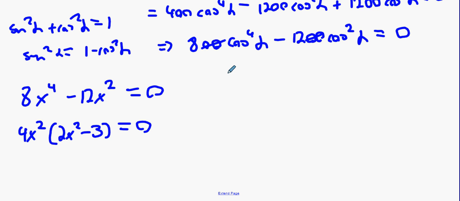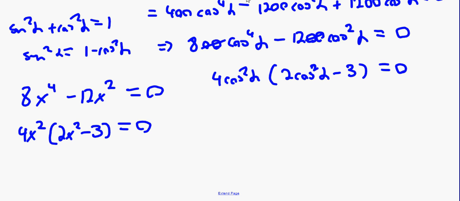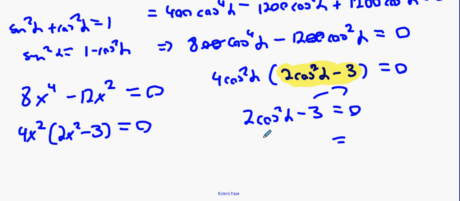And then I'm going to take out 4 cos squared alpha, and that's going to leave me 2 cos squared alpha minus 3. And we don't want it to be equal to 0, so this is the part that I'm interested in. This is the part that's going to get me the 30 that I was looking for. So 2 cos squared alpha minus 3 equals 0. Bring over the 3. 2 cos squared alpha equals 3.